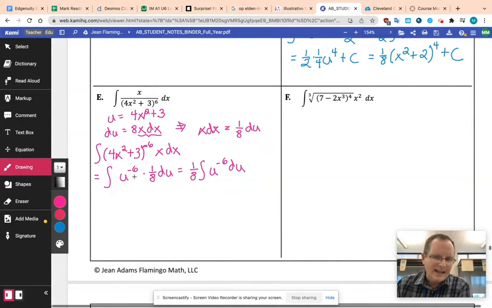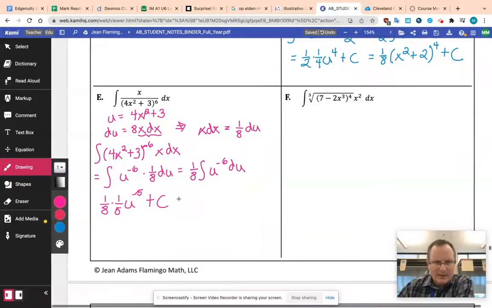All right, here we go. Antiderivative. So I've got 1/8. I'm going to leave myself a space here. And then I've got u to my new exponent, adding 1, negative 5, and divide by the same, plus c.